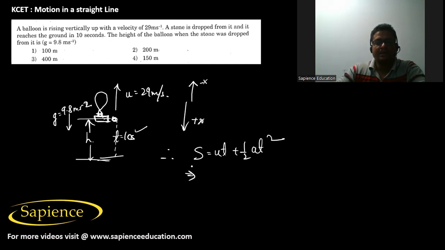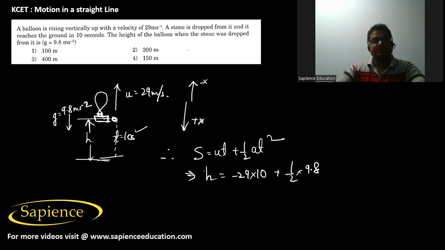Now the displacement of the stone is h, which is vertically downwards, and u is minus 29 into t, that is 10, plus half g, which is plus 9.8, into t square. t is 10, so 10 square.